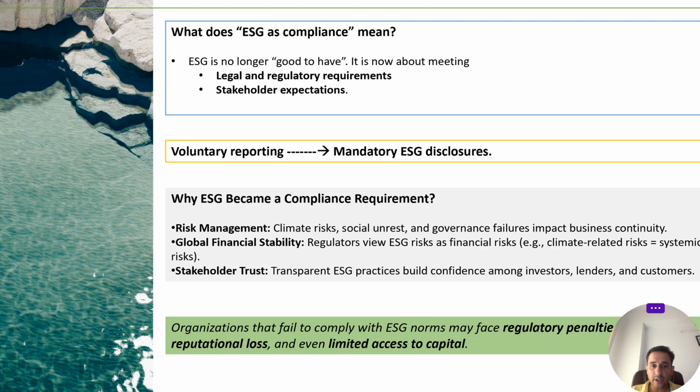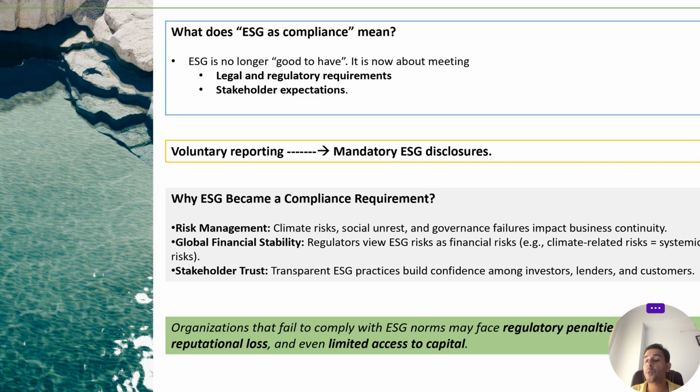So why has ESG become a compliance requirement? There's risk management: the climate-related risk, the social-related, the labor-related issues, the corporate governance related issues, the corruption, right? Even at the board of director level, there may be corruption in hiring of talent.